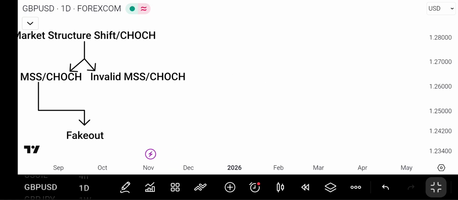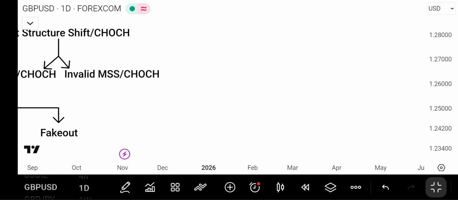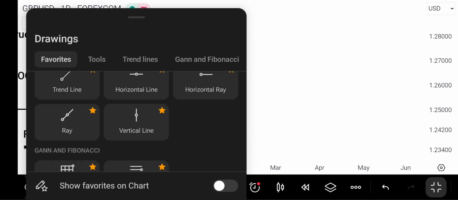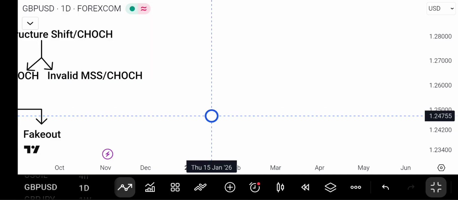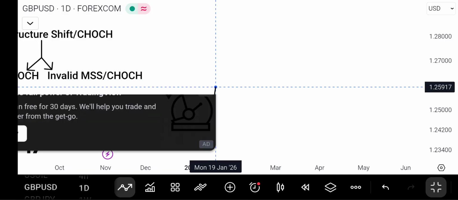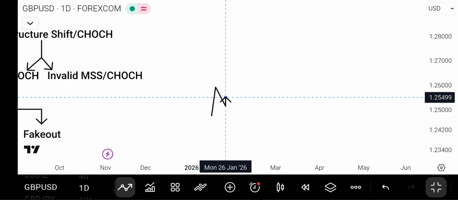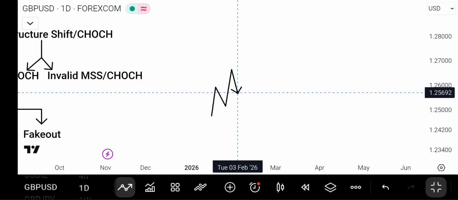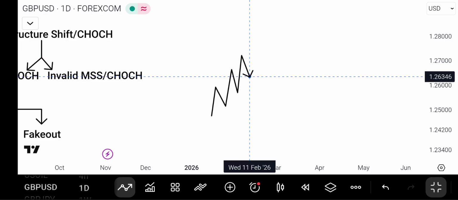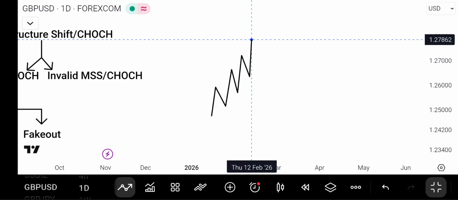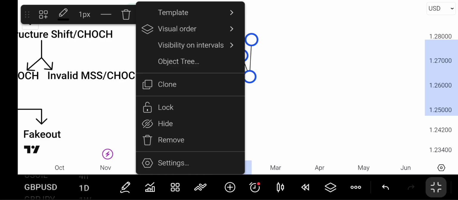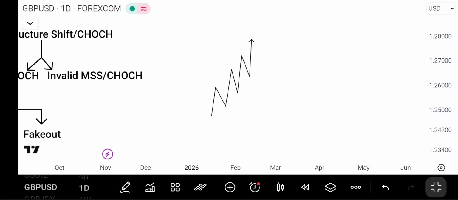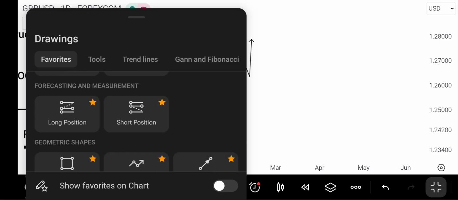So market structure. What is market structure? We all know what our market structure is, right? This is not a beginner's class. It's either a trending market, an uptrending market, making a series of higher highs and higher lows, or the other way around, a downtrend.